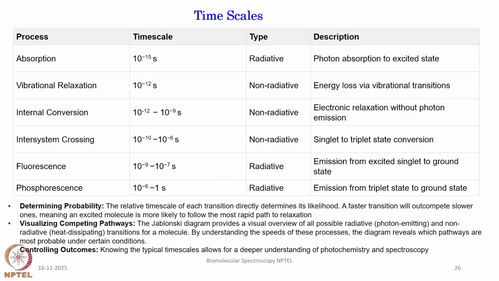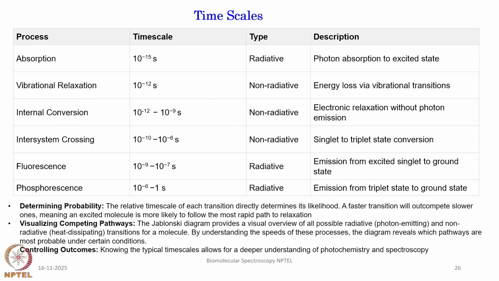What determines the probability of these? The relative time scale of each transition directly determines the likelihood of what is happening. A faster transition will outcompete a slower one.